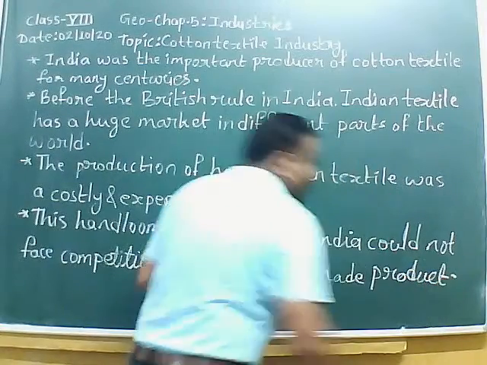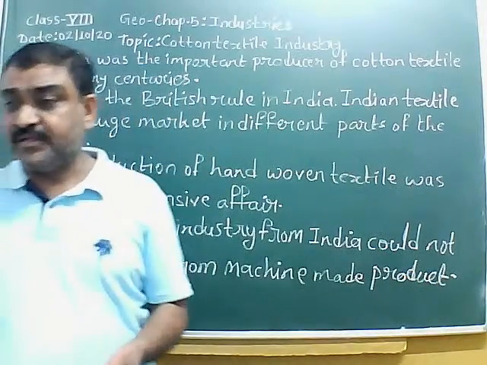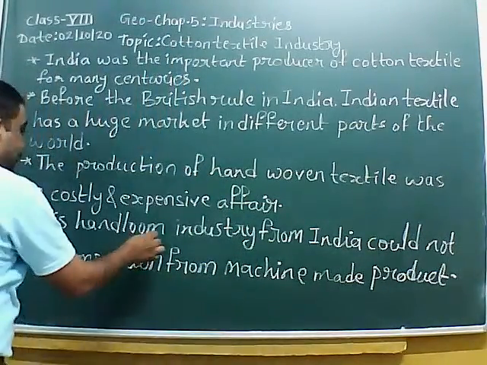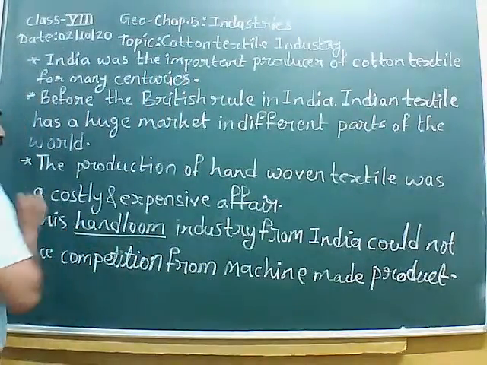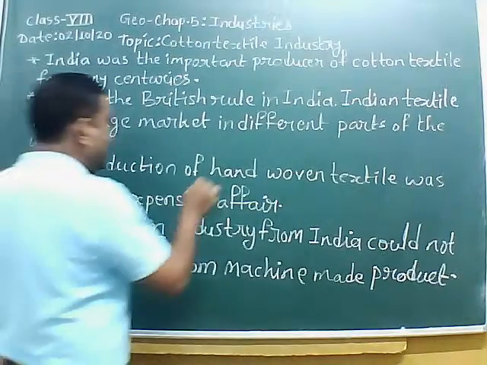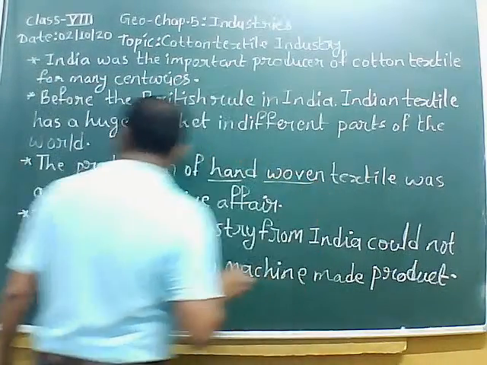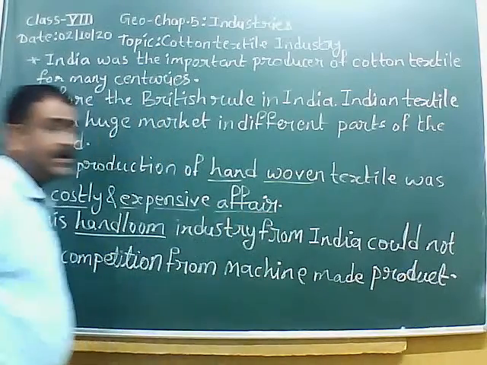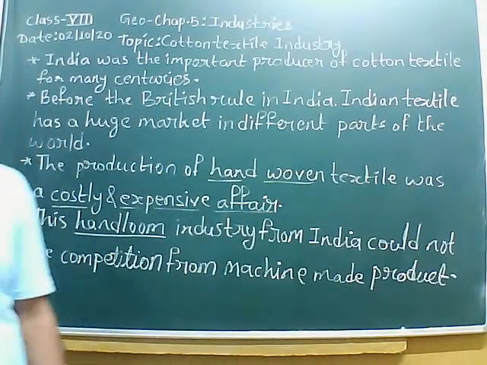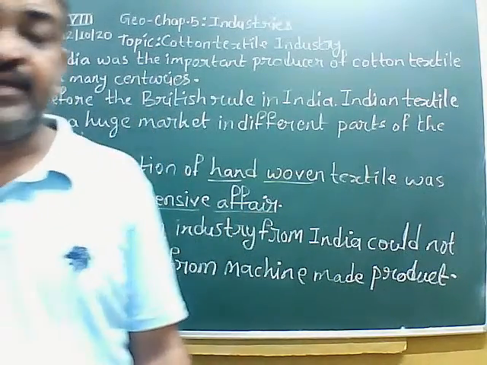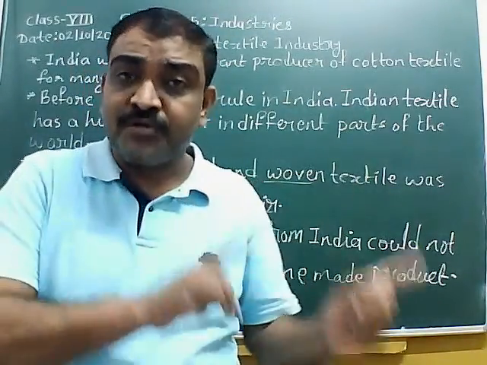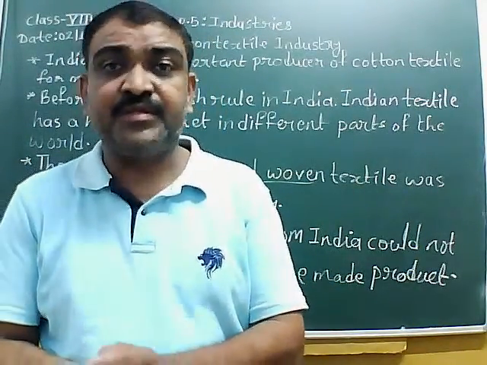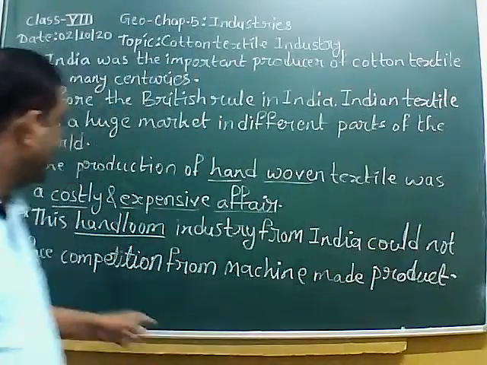ठीक है, so इंडिया में जो टेक्सटाइल प्रोड्यूस होता था, it was produced by handloom. The production of handwoven textile was a costly and expensive affair, बहुत महंगा पड़ता था, ठीक है, इसलिए जब यूरोपियन कंट्रीज में क्या स्टार्ट हुआ, Industrial Revolution, then what happens?